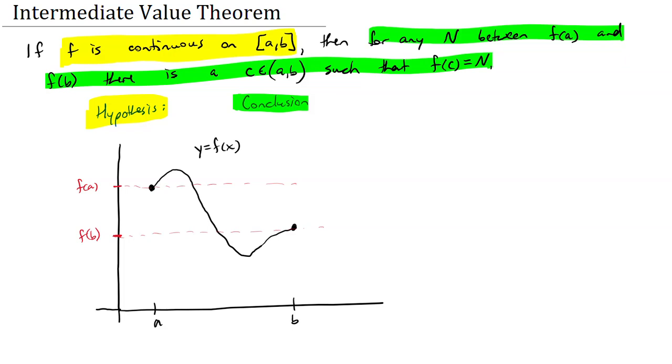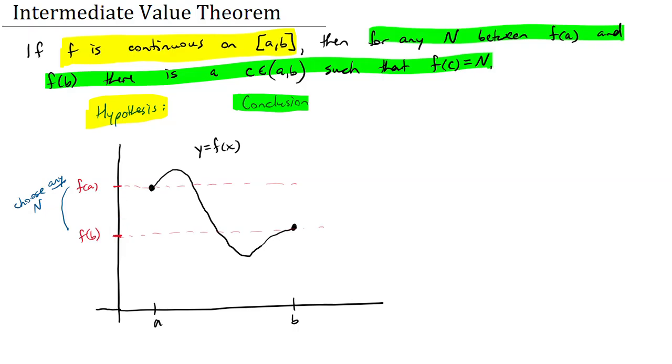The theorem says, if you pick an n value anywhere between f of a and f of b, so we're going to pick an n here, any n you want. Any y value. You could pick this to be n, this to be n, this to be n, as long as it's not f of a or f of b, and it's between them, not outside.